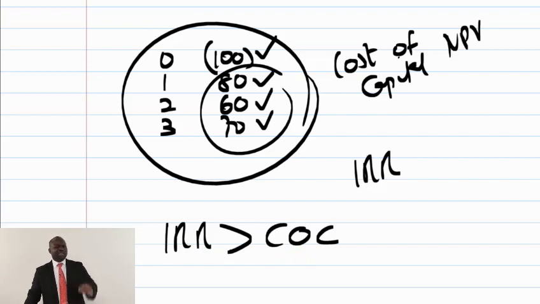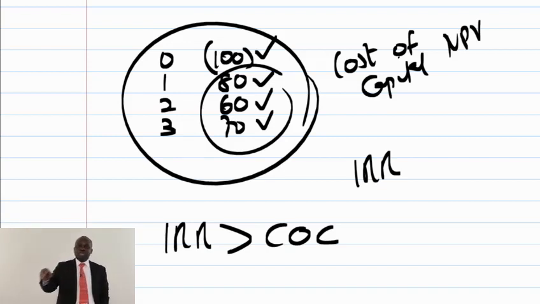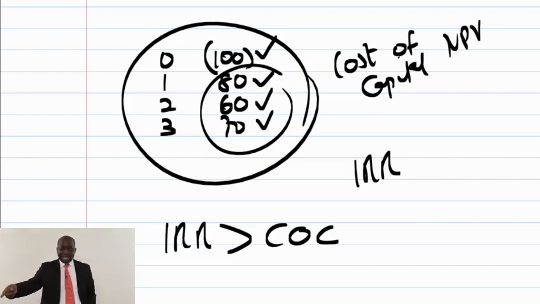Because of this criticism of the internal rate of return, assuming that the cash flows are reinvested at the internal rate of return, which results in a conflict with NPV, and we've all concluded that NPV will lead to maximization of shareholders' wealth and as such is better than the internal rate of return, we needed a new form of internal rate of return that makes the same reinvestment assumption the way the NPV does.